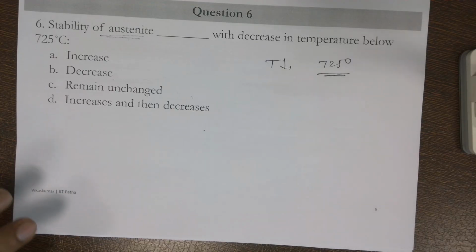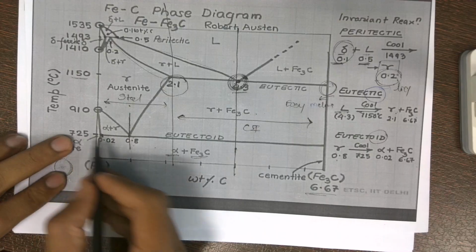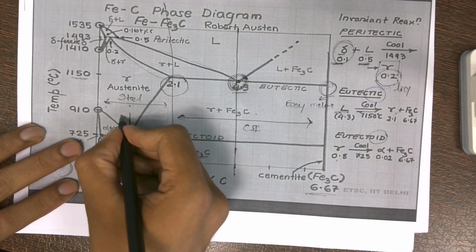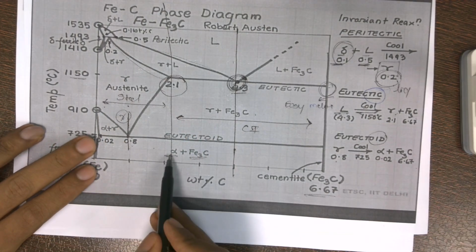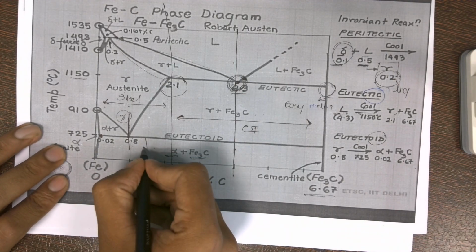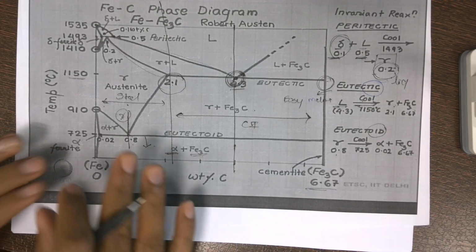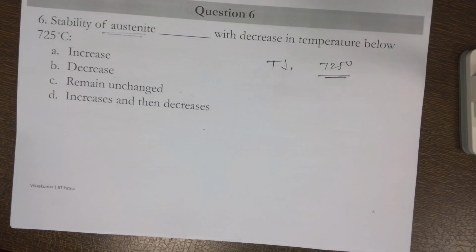We know that when we are going below 725 degrees Celsius, the austenite which was initially there will now try to convert to ferrite and cementite. Lower the temperature, more the undercooling. More the undercooling, more the tendency for phase transformation.